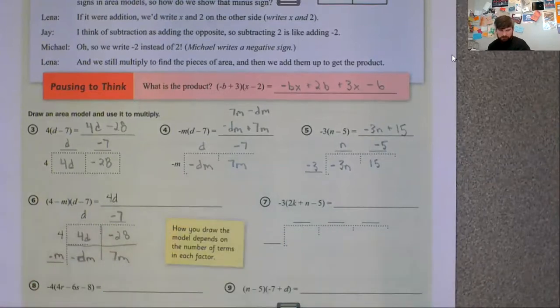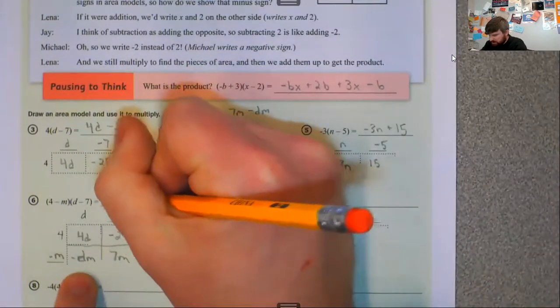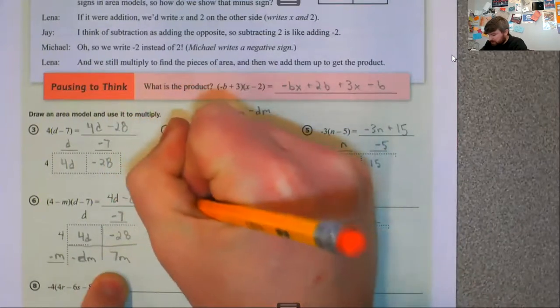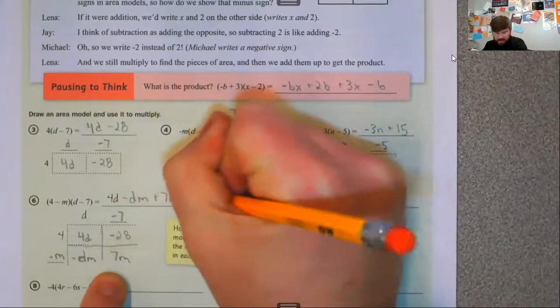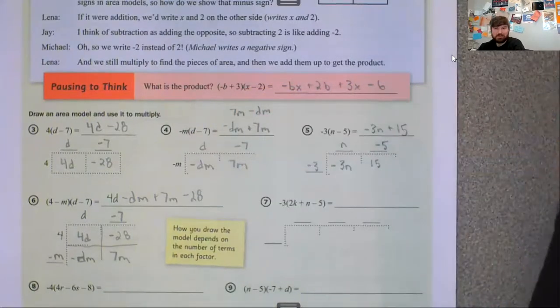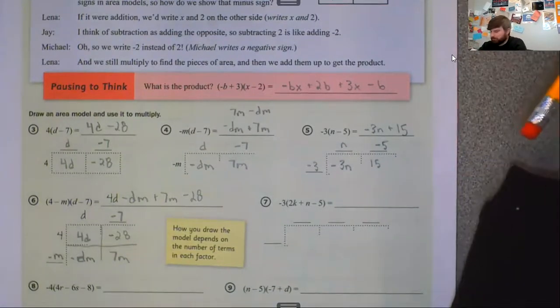Okay. So again, you can write these in any order. They start with the d, so I'm going to say minus dm plus 7m minus 28. I like to have my single number at the very end. That's known as your constant term, and we'd like to put those at the very end. Again, it doesn't matter though, okay?